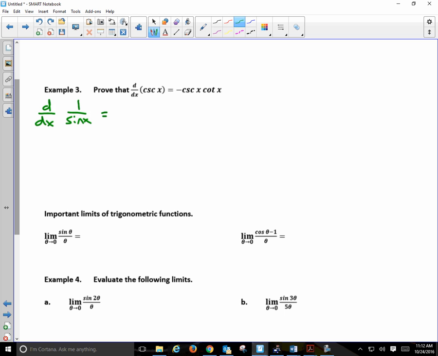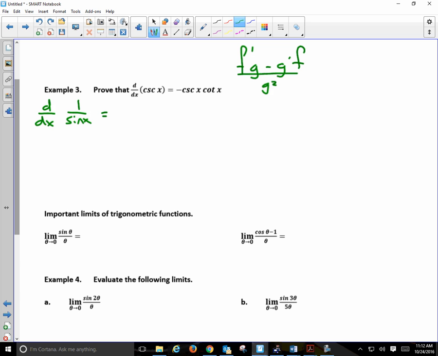So I'm going to use the quotient rule. I take the derivative of the top, which is 0. I'll write this in case you don't remember: f prime g minus g prime f all over g squared. This is something you're going to use just about on a daily basis now. You'll start to remember it even better.